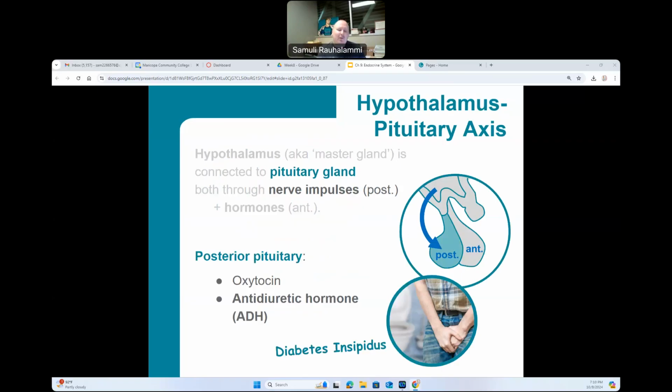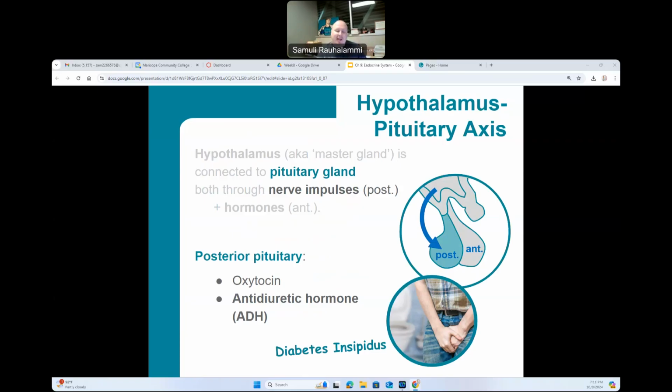I wanted to talk first about hormones of the posterior pituitary gland. We're going to start with oxytocin and antidiuretic hormone. Oxytocin is an important hormone that plays a role through positive feedback mechanisms during the period of giving birth and also regulating lactation in the post-birth period.